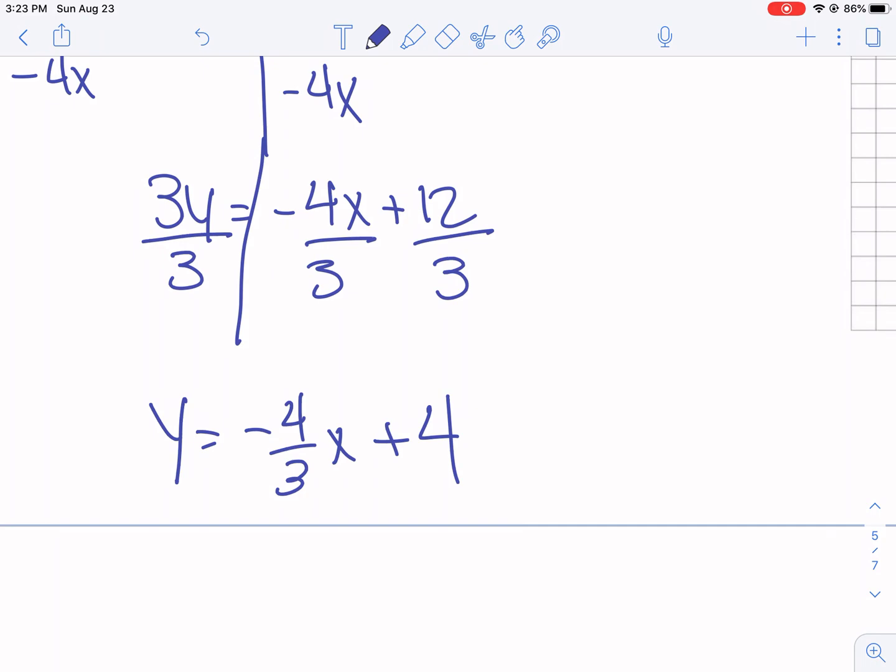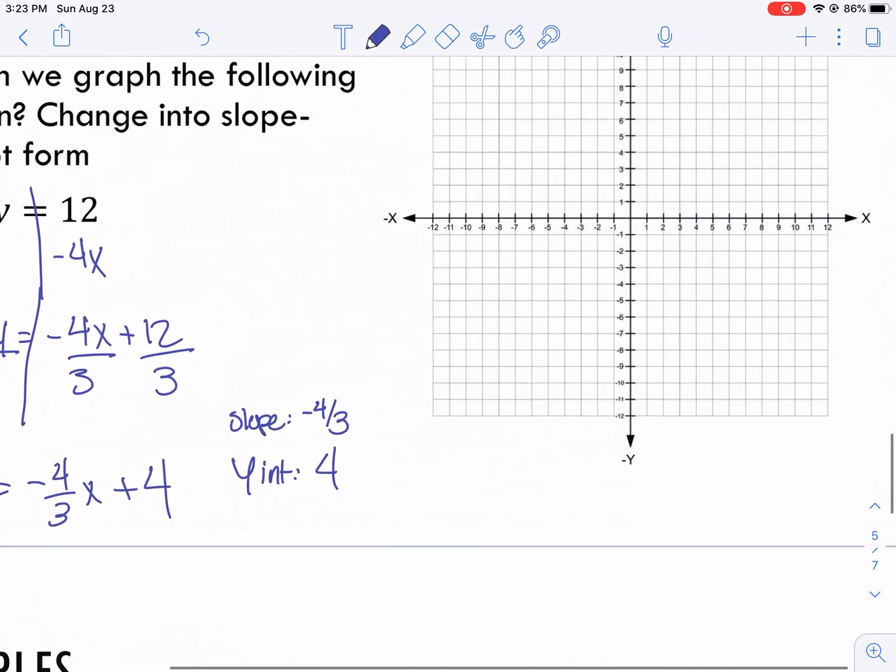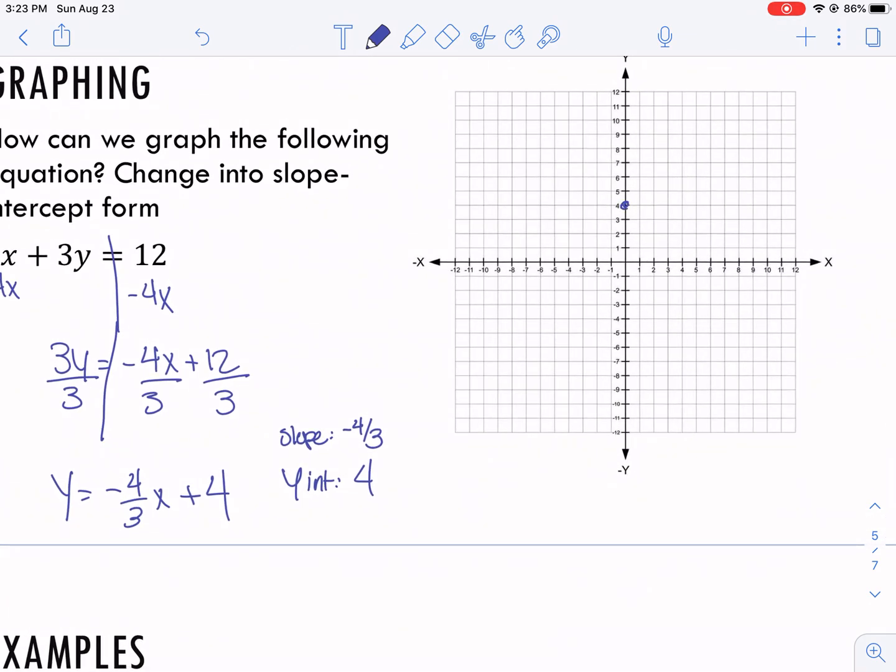So I would leave it as negative 4/3. So our slope is negative 4/3, and our y-intercept is positive 4. So I'm going to graph positive 4, and then we're going to use our slope. I'm going to go down 4 over 3.